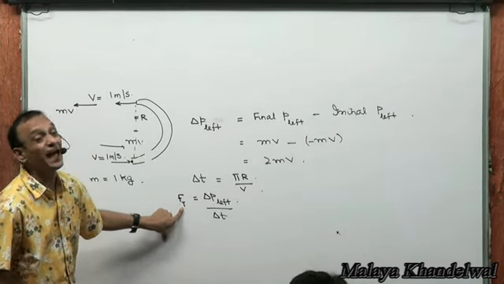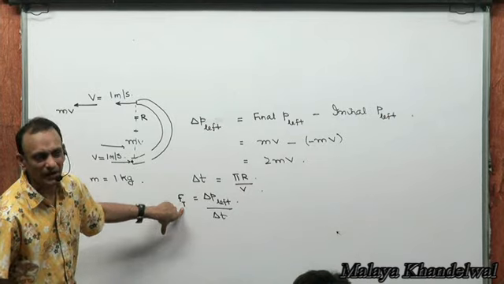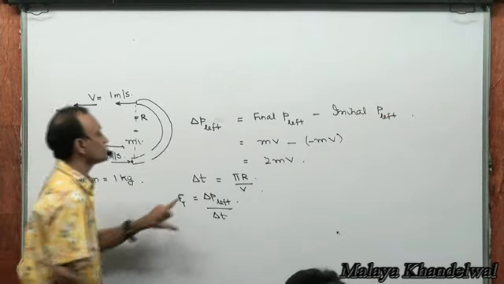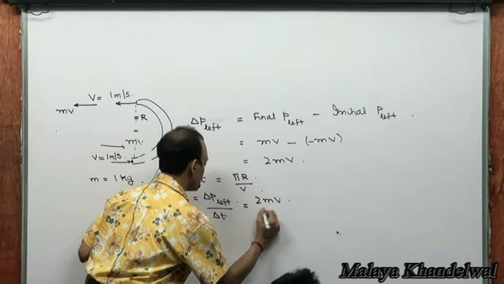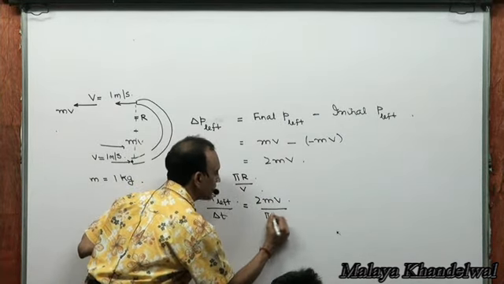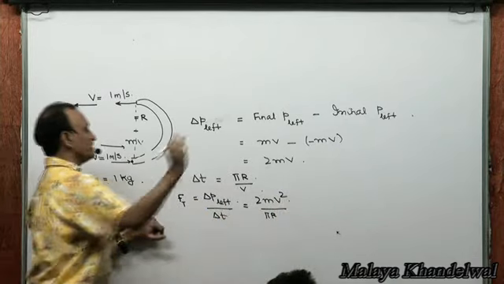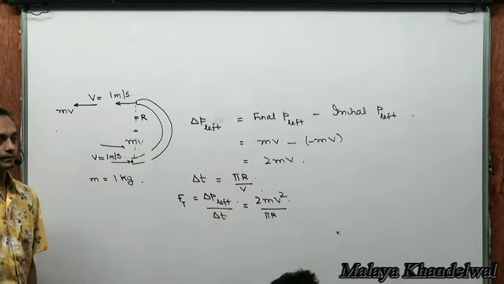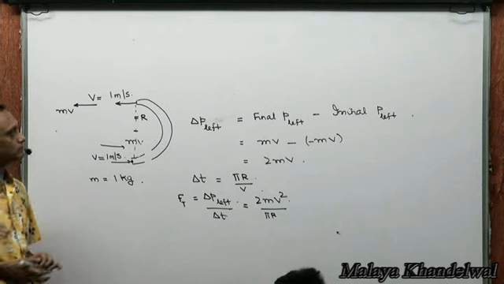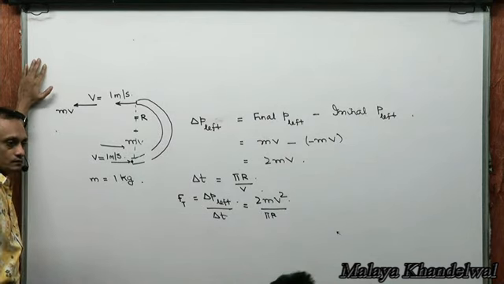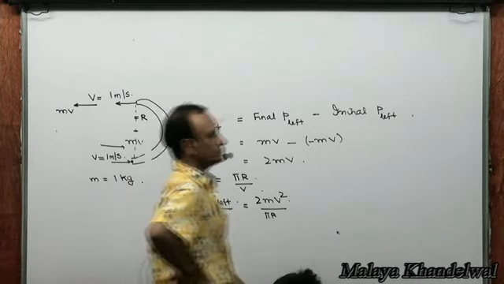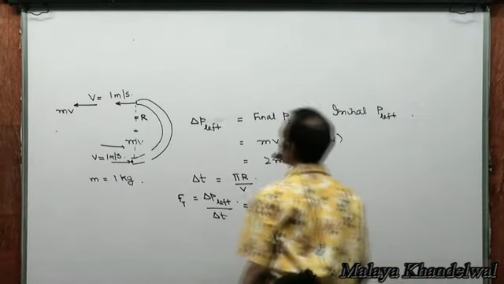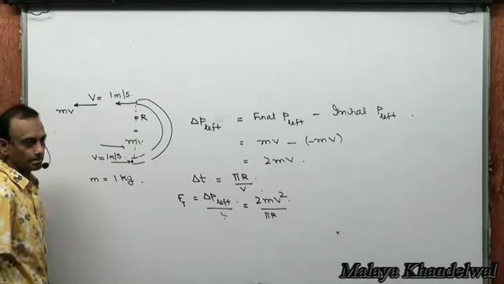So that's going to be delta P left, which is 2 mv, divided by delta T, which is pi r by v. Clear? So far so good.